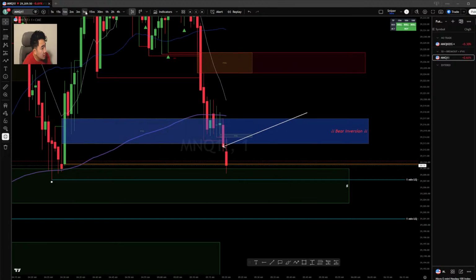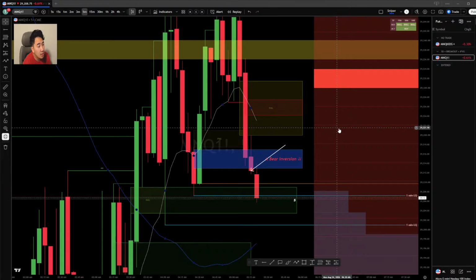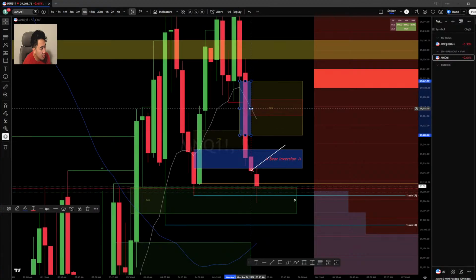Let's see, on the 5 minute we do have this gap. Bearish gap on the 5 minute.